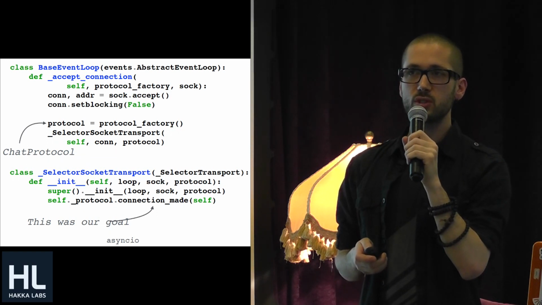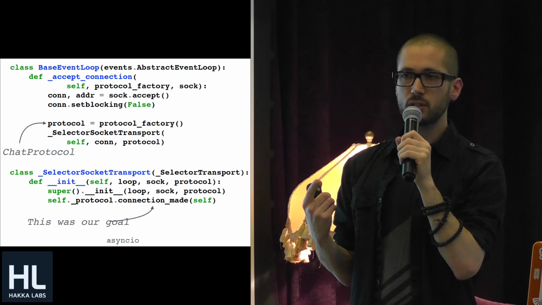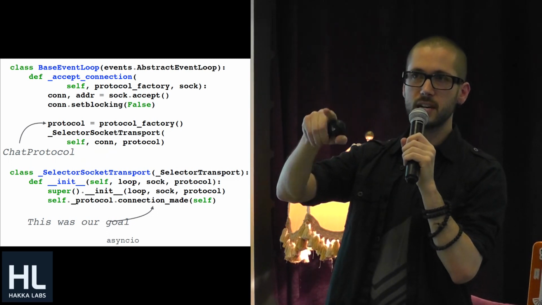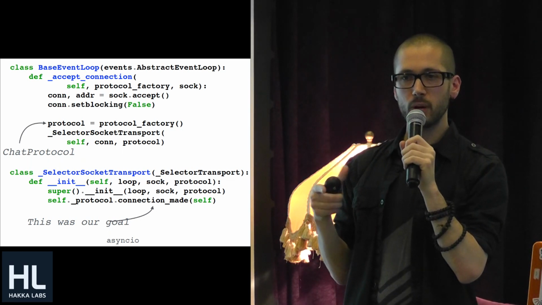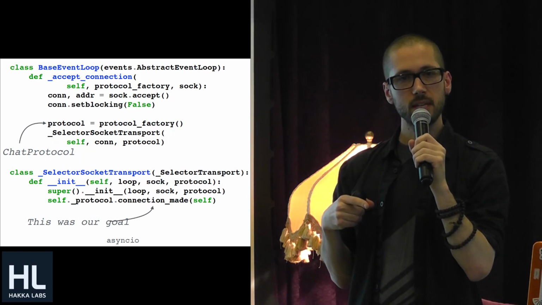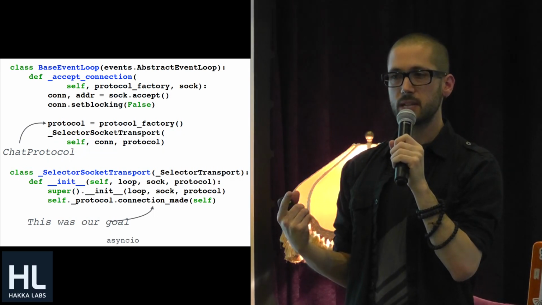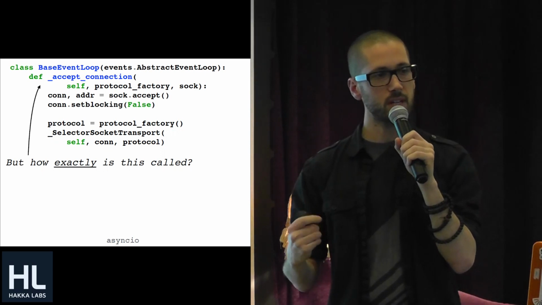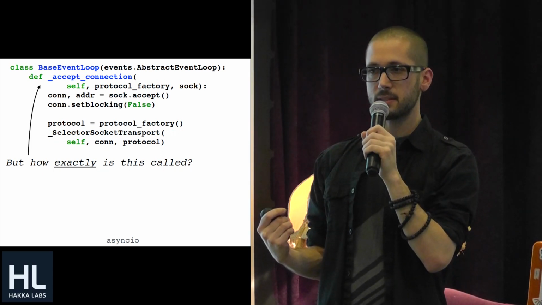And the transport there, you can see it has an init function, which calls its superclass. And then there at the bottom, it calls protocol.connectionMade. And that was what we wanted to see. We wanted to understand how it was that a client connecting to us on a non-blocking socket would cause an event to execute an event handler. And so now we've seen how that happens.